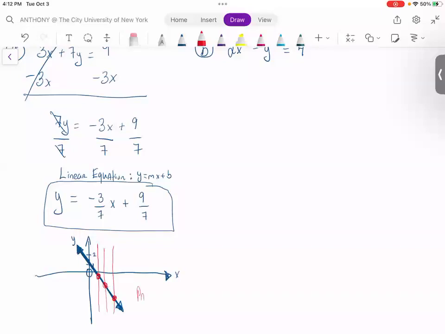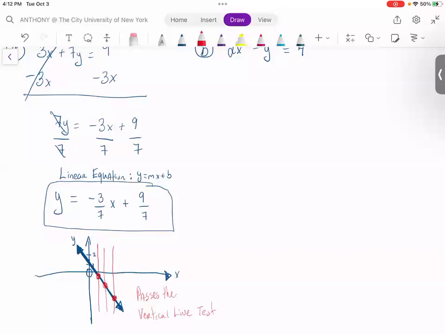So it passes the vertical line test. So this linear equation, y equals negative 3 over 7 x plus 9 over 7, is going to be a function because it passes the vertical line test. But what I wanted to emphasize here is that all linear equations are functions.